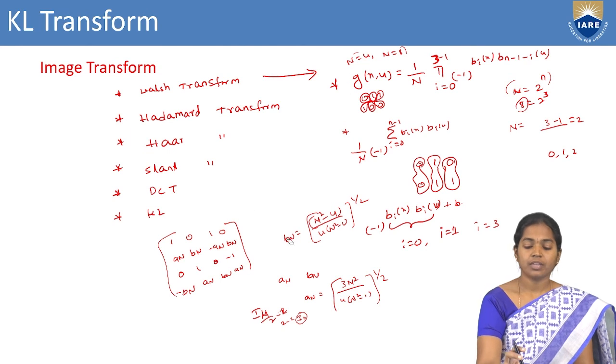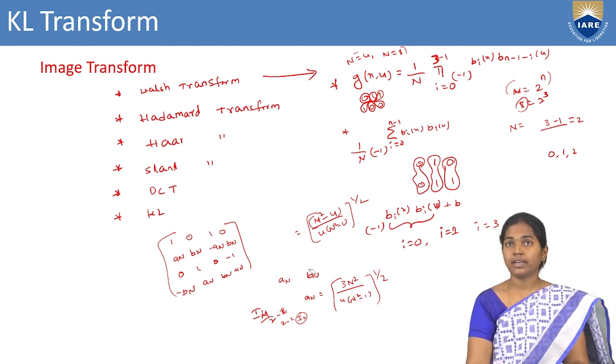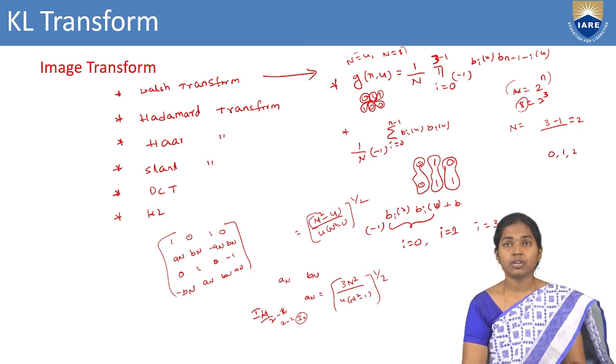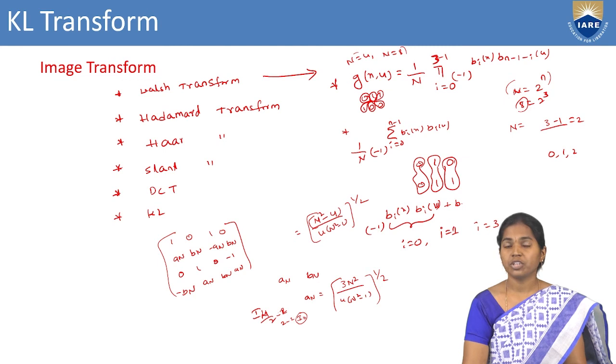So this is the entire second module, transforms. In this we need to remember what are the properties of 2D transform. The properties of a transformation: the most important property is separability, and next are rotation, convolution, translation, and scaling property.